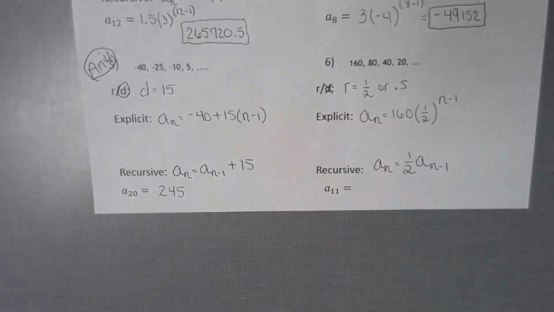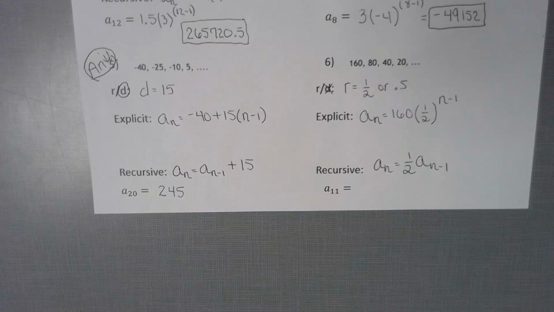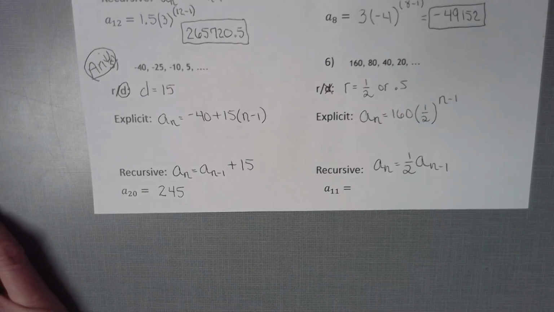Okay, and on this one, when we do 80 divided by 160, 40 divided by 80, we found a common pattern, which is 0.5. That's the same thing as a half. So when I write that, it's 160, my r is a half, raised to the n minus 1. Notice here, for my recursive, there's no operation in between these, which means it's multiplication. That's signaling us that it's geometric.